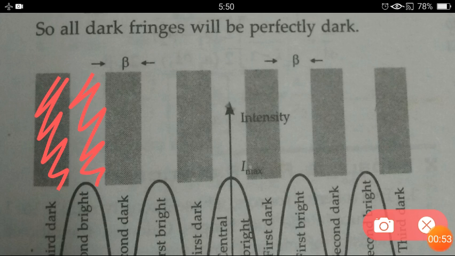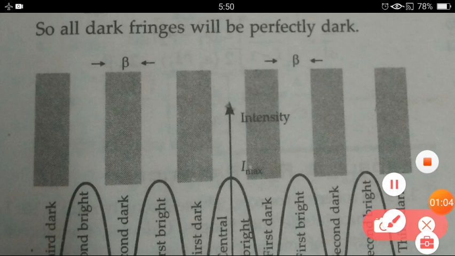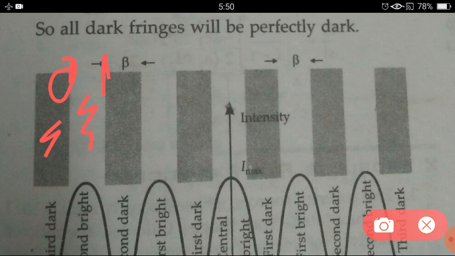Now if you have to find out the width of a bright fringe, this is the bright fringe, this one. Its width is from here to here. This is the boundary of this dark fringe, this is the boundary of this dark fringe.